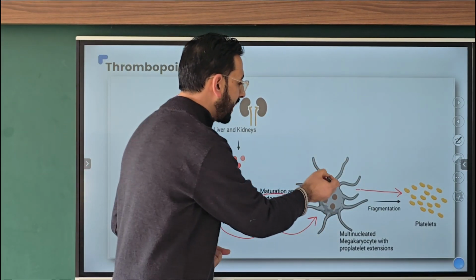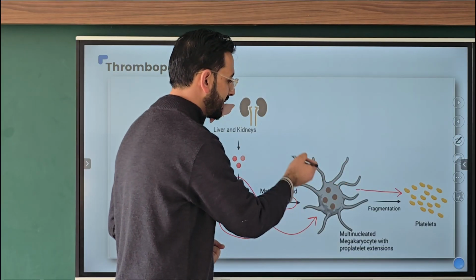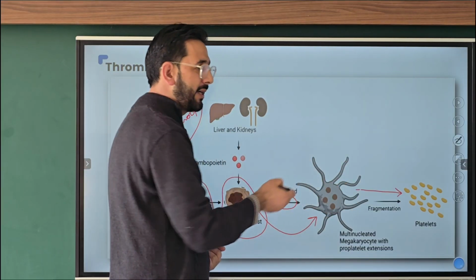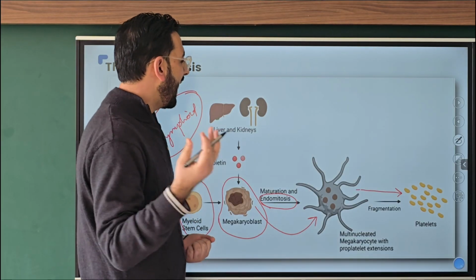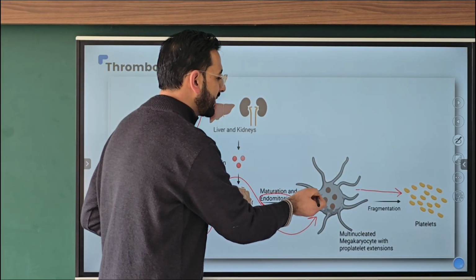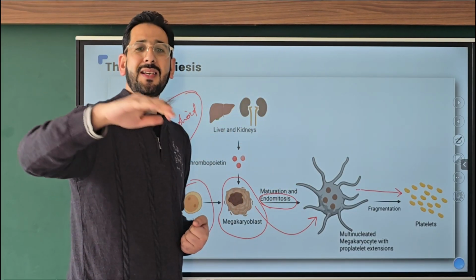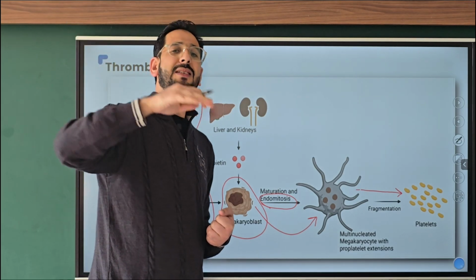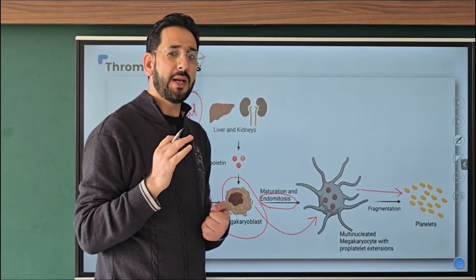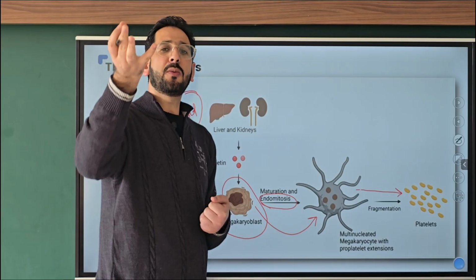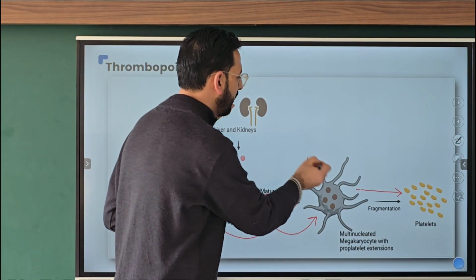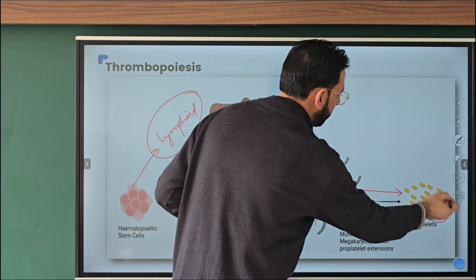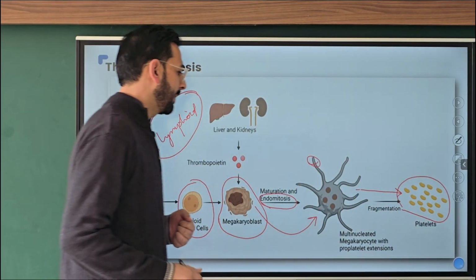The megakaryocyte is multinucleated, with many lobes of the nucleus, and it has these cellular extensions. They will be increased in length, and these cellular extensions are called proplatelets. Then because of the force of the blood in the sinusoidal capillaries, these proplatelets will bud off and form these fragments. We call them platelets.